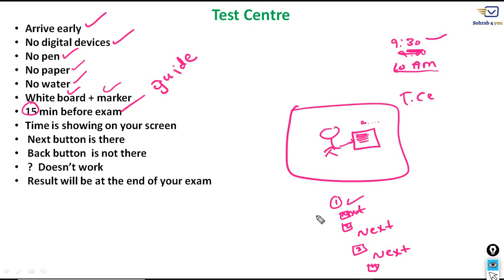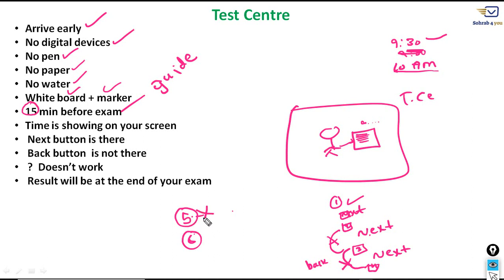It doesn't have back. Suppose you're on question 4 and suddenly you think, oh, I made a mistake on question 3. There is no back option. You cannot go like this. Suppose you're on question 5 and you are not sure about it and you say, okay, let it be, I'm going to solve question 6 and then come back to question 5.